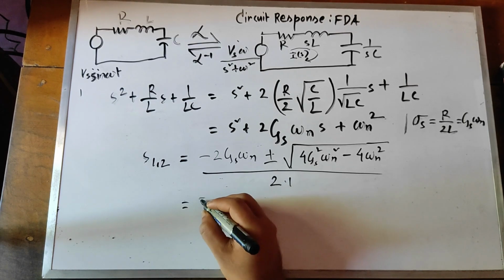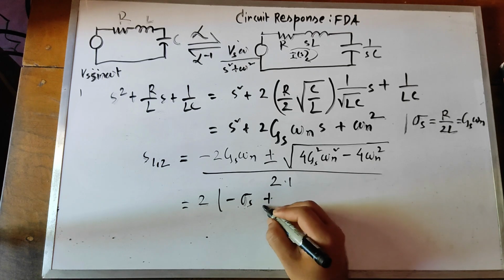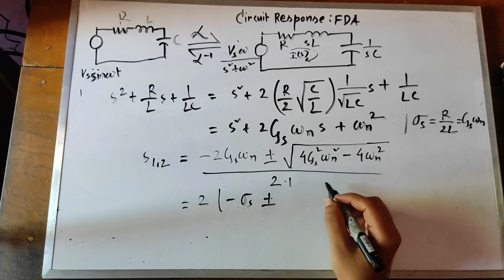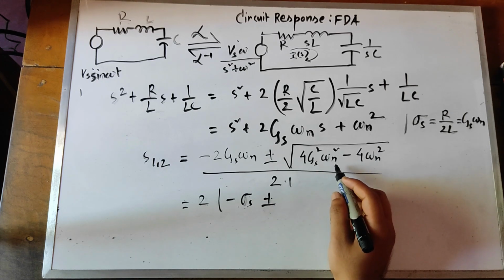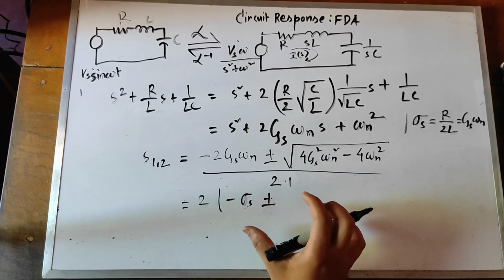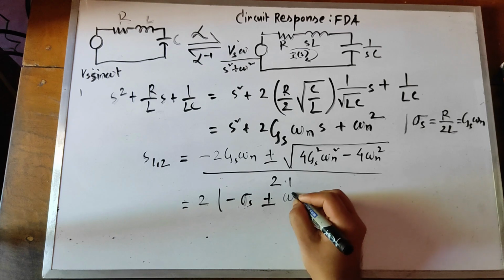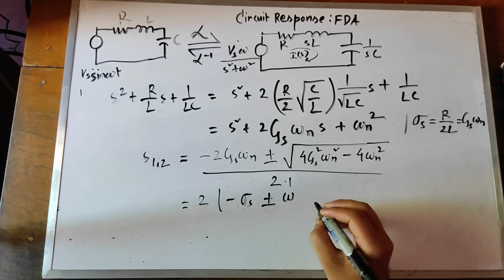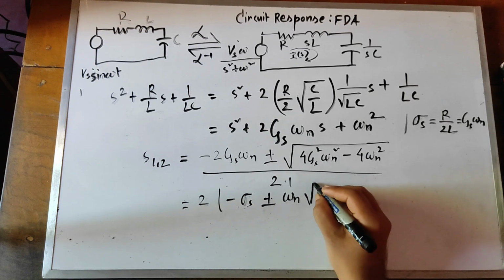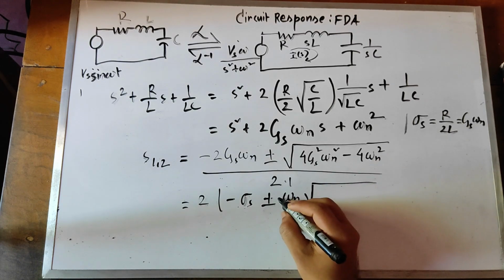If I take 2 out, it will give me minus damping coefficient sigma plus minus, if I take omega n and 4 common, and 2 common from the full term, it will give me omega n root over, and if I change the position of this, it will give me a j, a complex number.